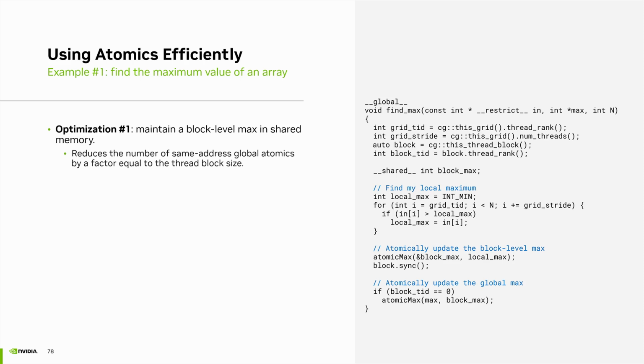And then each thread, again, computes its local maximum. Then it atomically updates the block level maximum, which is in shared memory in this case. And then only one representative thread from the block actually updates the global max, okay? So here we've basically replaced a lot of global atomics with shared memory atomics.